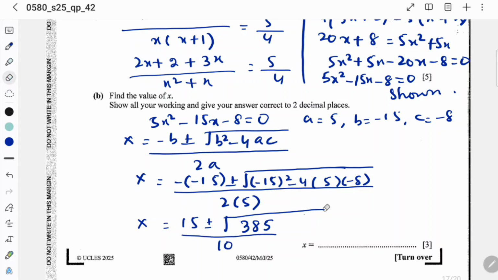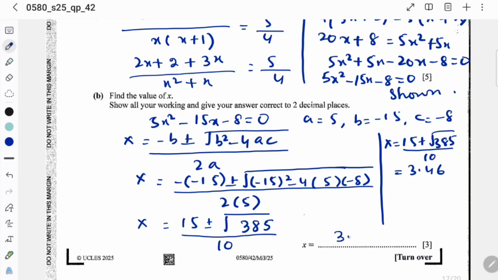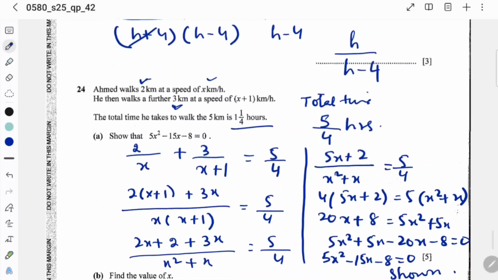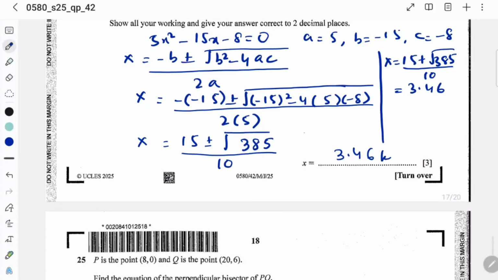Now you'll find out the answer one by one. Obviously, only the positive answer is applicable because it's the speed. So we ignore the negative answer. x equals 15 plus square root 385 over 10, which equals 3.46, in kilometers per hour.